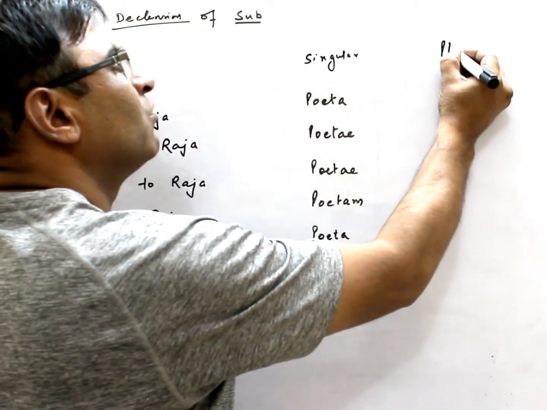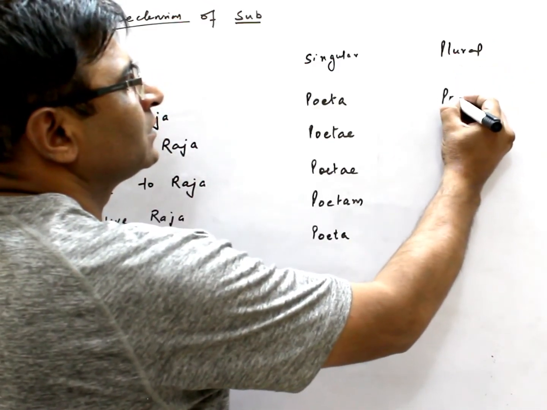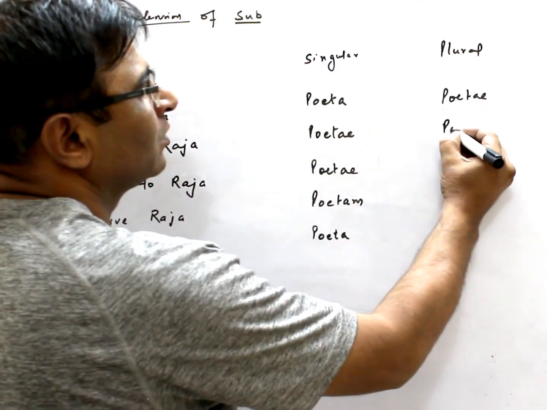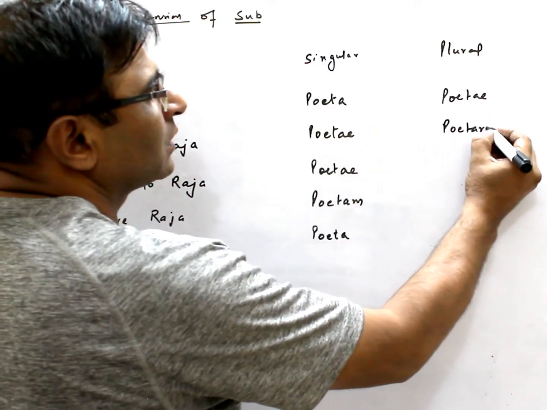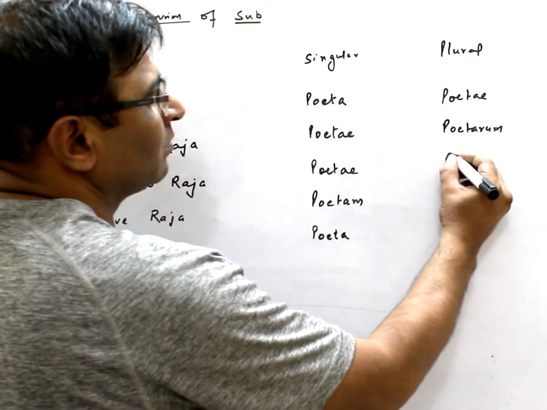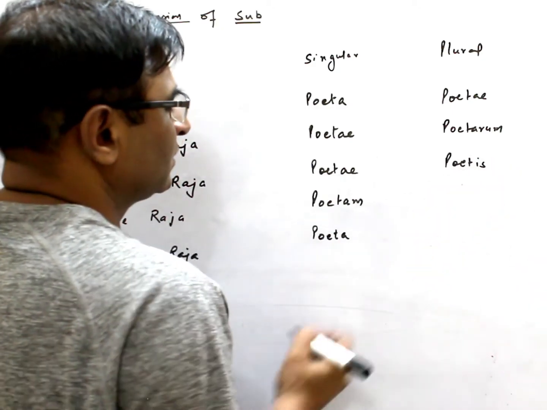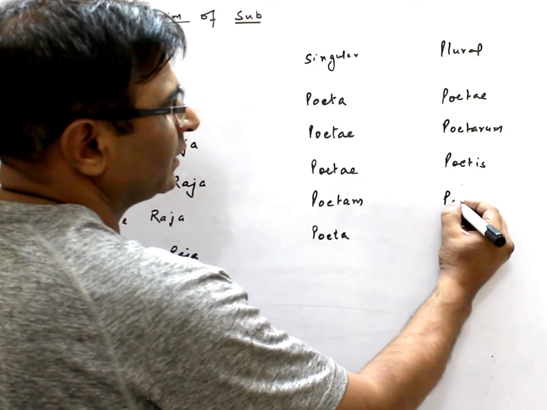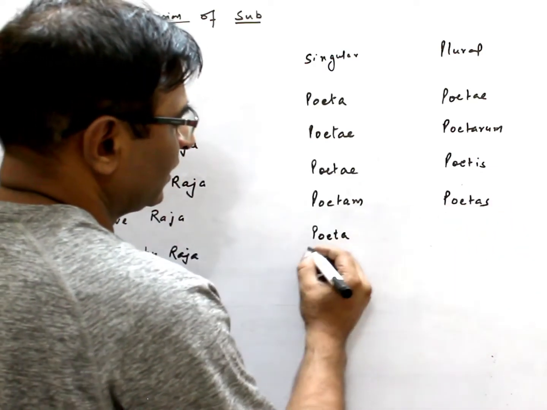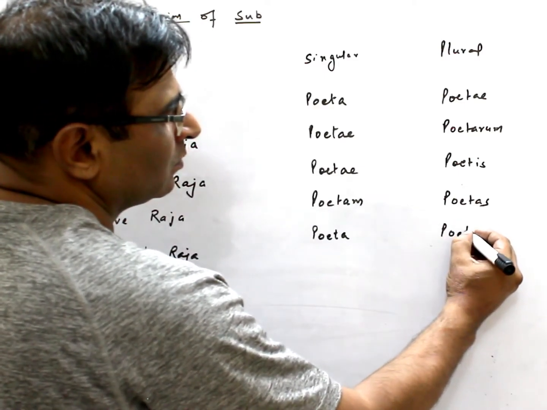And now what is plural? Plural is poetae, and genitive becomes poetarum, and dative becomes poetis, and objective becomes poetas, and ablative plural is poetis.